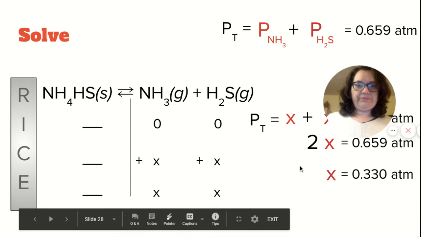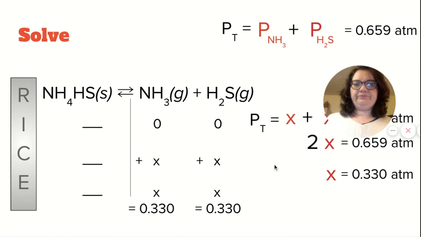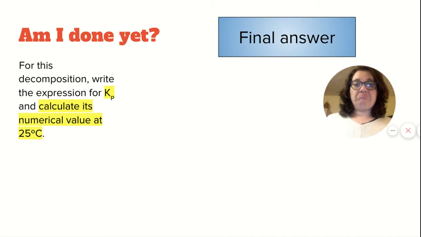Okay, so I've got X, and I have written that X equals 0.330 underneath those, just to keep all of my information on my rice table. Okay, am I done yet? I was asked for Kp, the expression for Kp.